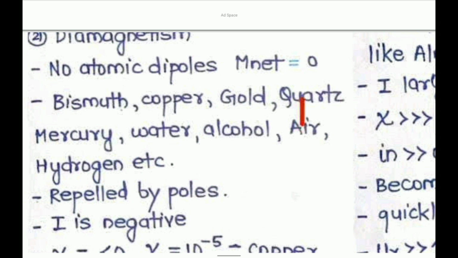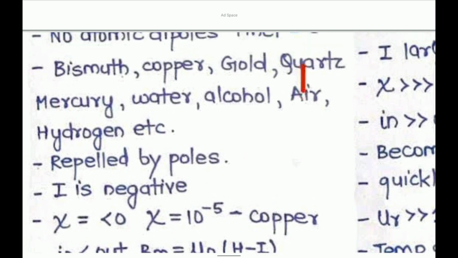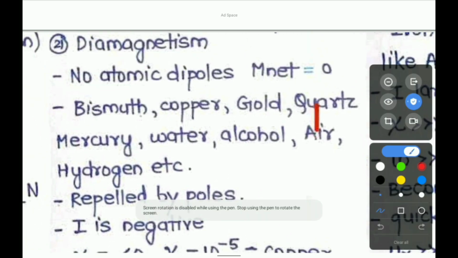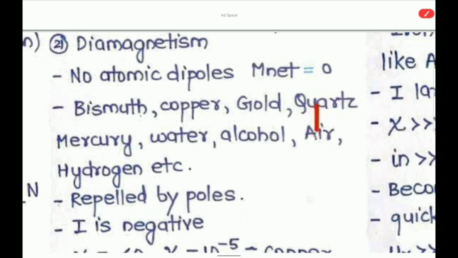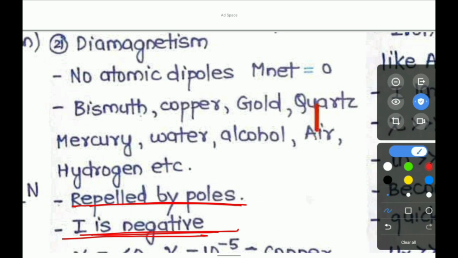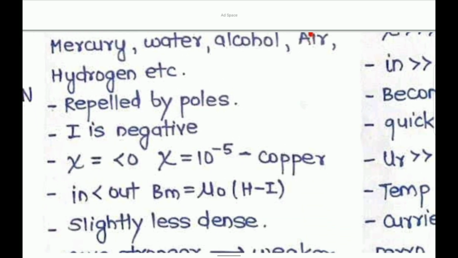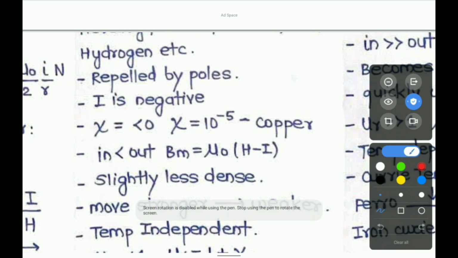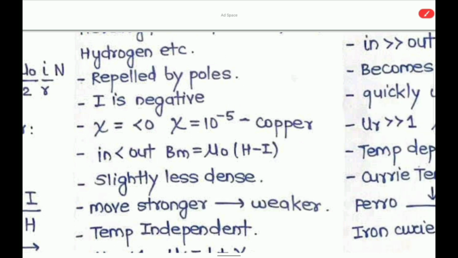Now diamagnetism. What is diamagnetism? There are no atomic dipoles, so the magnetic moment is zero. Examples are bismuth, copper, gold, quartz, mercury, water, alcohol, air, hydrogen, etc. The most important point: diamagnetic material is repelled by the poles.